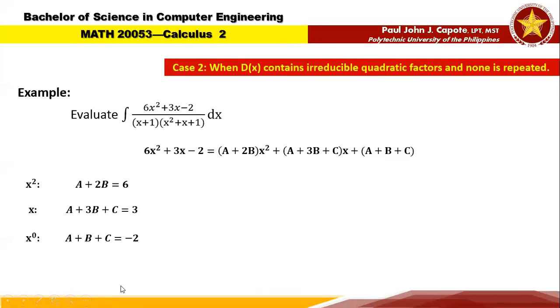But in this case, I'll make use of the elimination method. So I'll deal first with the first and second equation, that a plus 2b equals 6 and a plus 3b plus c equals 3.